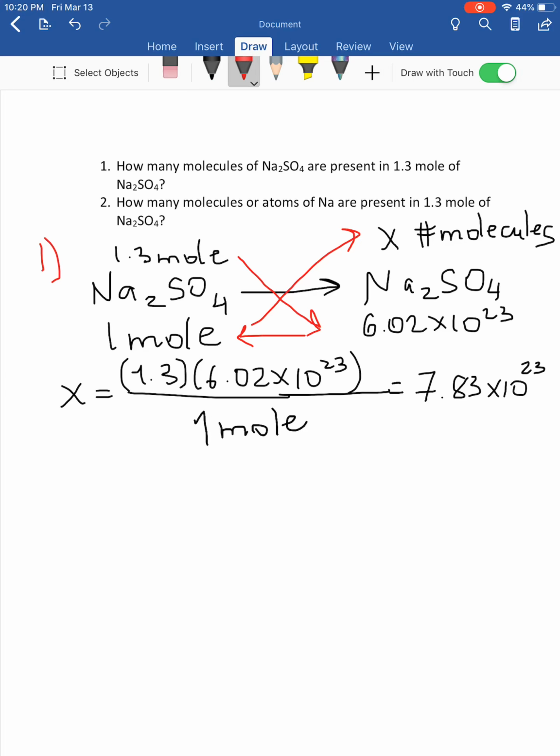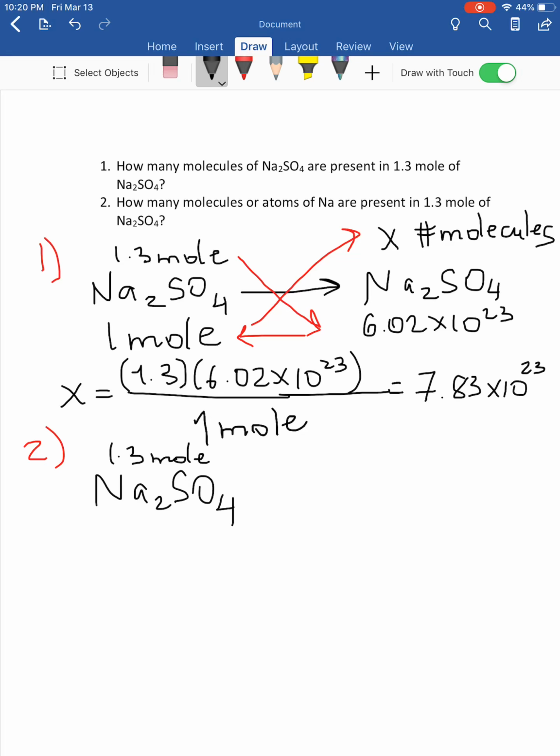So now the second question is asking you to find the number of atoms of sodium which is in the sodium sulfate. Again, we're going to start from the same procedure, just what's given to us. We're given sodium sulfate, and it is 1.3 moles.